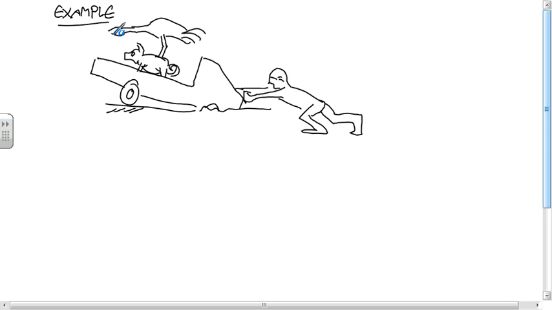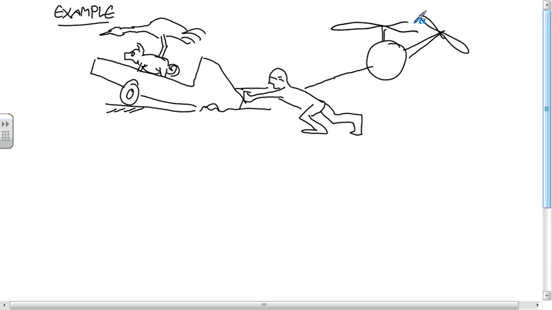And the EPA is trying to keep this guy from pushing his truck out by tethering him to a helicopter. Okay, so that's pretty much what's going on.